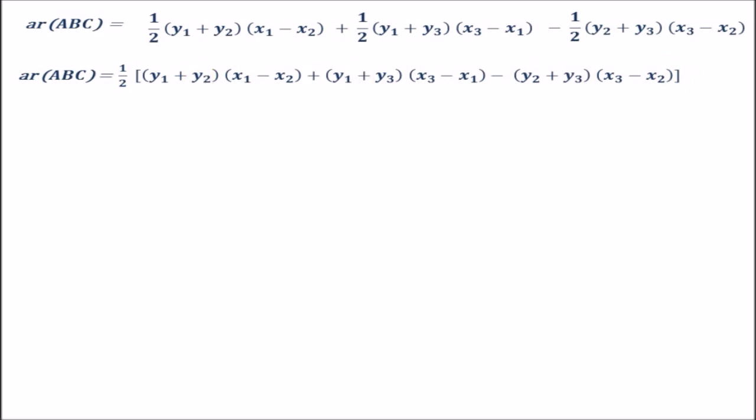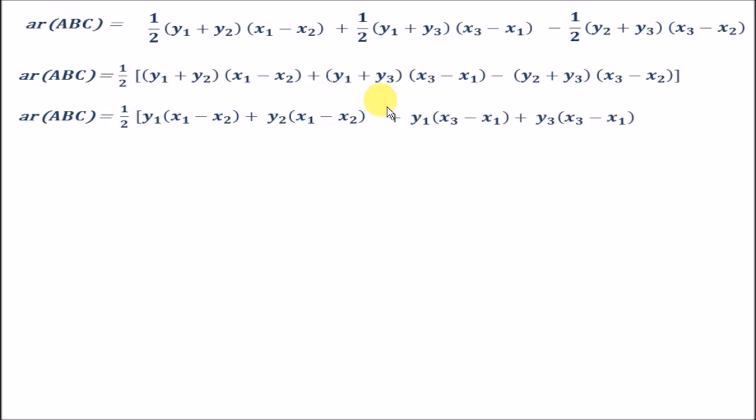So first, half into, now we will use distributive property, y1 into x1 minus x2 plus, now the second quantity will also multiply, y2 into x1 minus x2. Moving on, y1 into x3 minus x1 plus y3 into x3 minus x1.